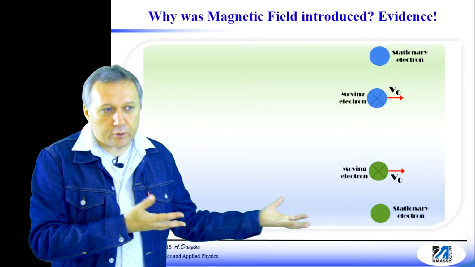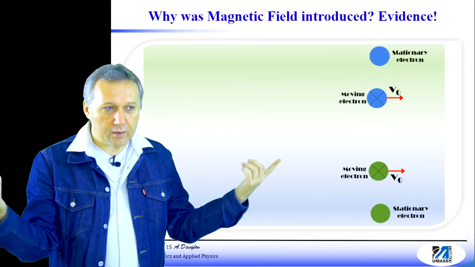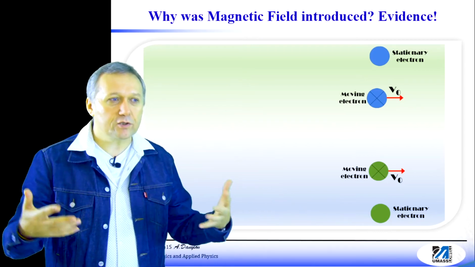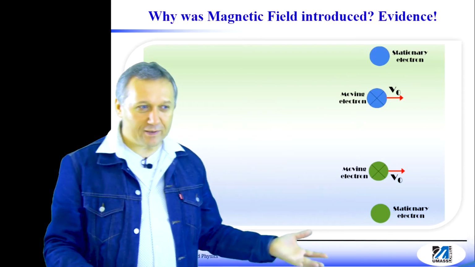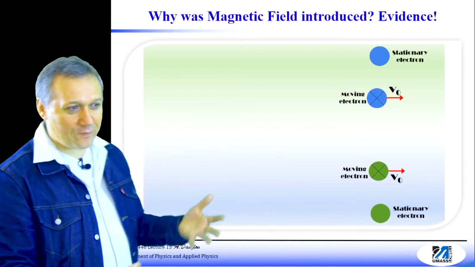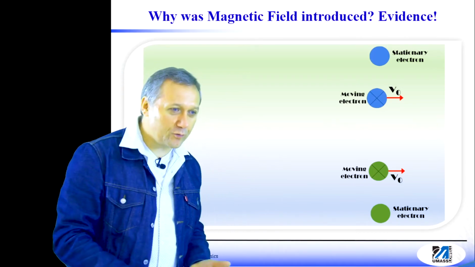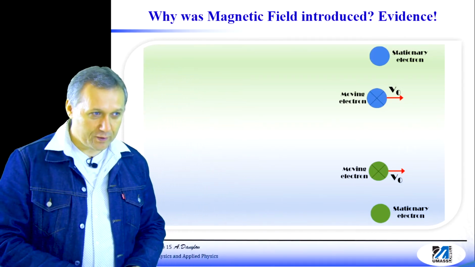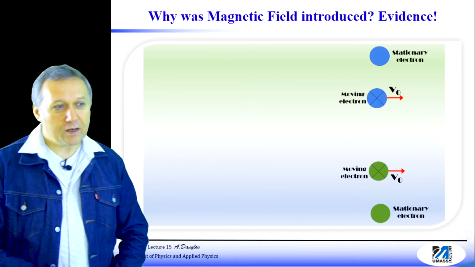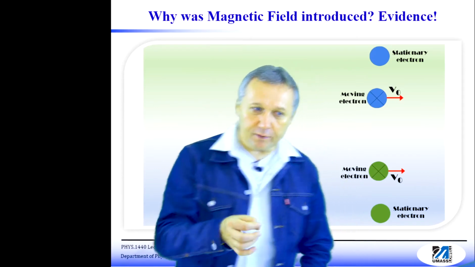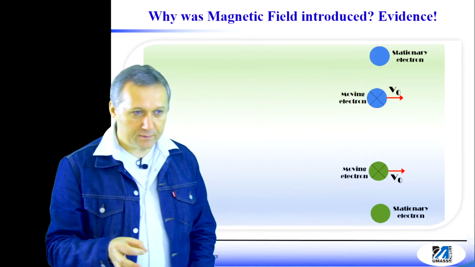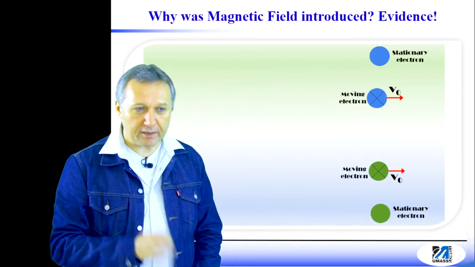So back then there were two alternative approaches. First, to modify electric force and field. The second, to introduce a new field and new force. The second approach won, and people decided to introduce a new field, the magnetic field, and a new force, the magnetic force.